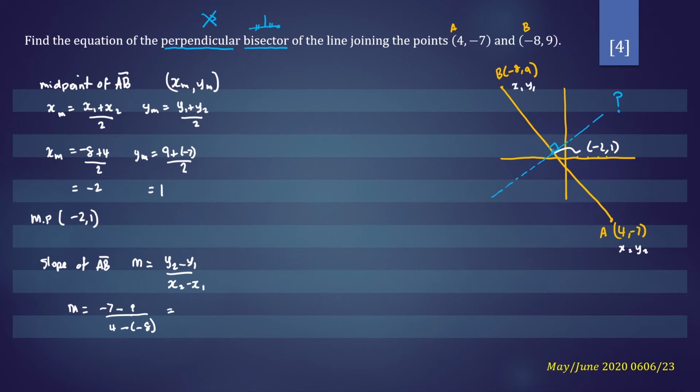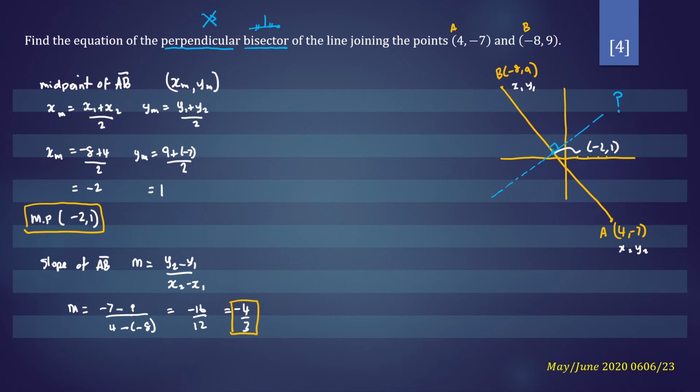That gives us -16 divided by 4 minus -8, which is 12. When you simplify, you get -4 on 3. So this is some important information that you have: the midpoint, and also the slope of the line segment AB.